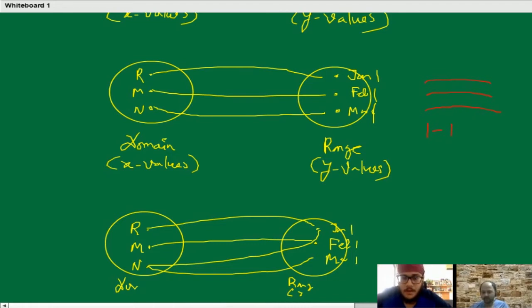For Neymar, it's not fine because any person can't have two different birthdays. So for a set the same rule is applicable: a single X value can't have two different Y values. So here one to many is not possible.